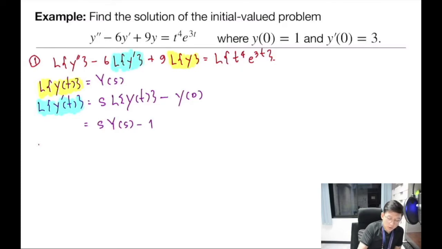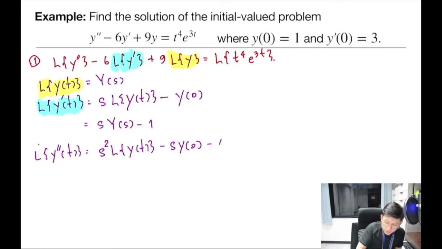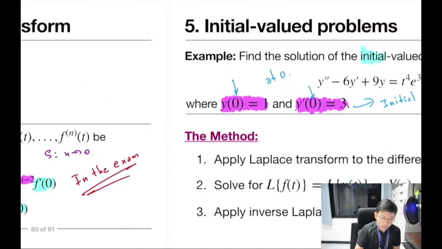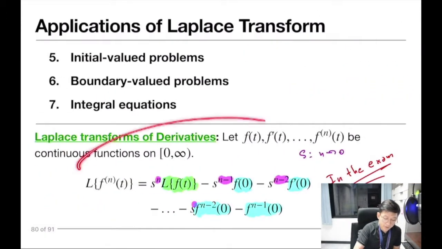And after that, we look at the next term. The Laplace transform of y double prime is going to be s squared, right, times the Laplace transform of y, minus s y(0) minus y prime(0). Here we just apply the theorem.